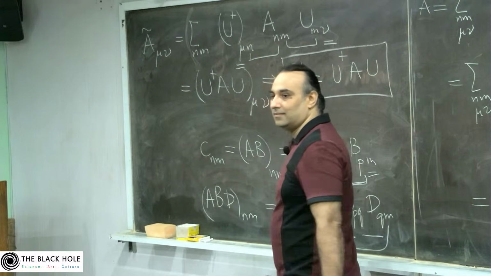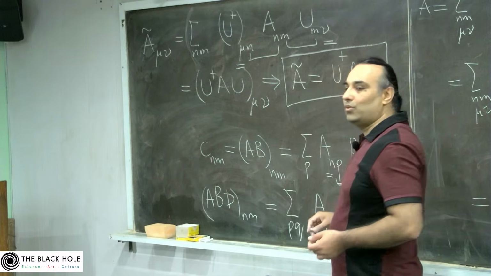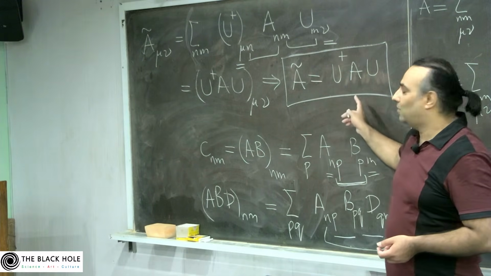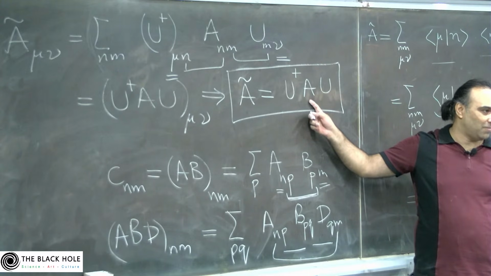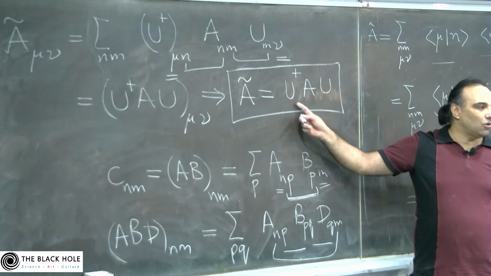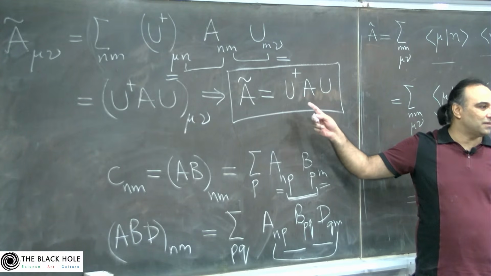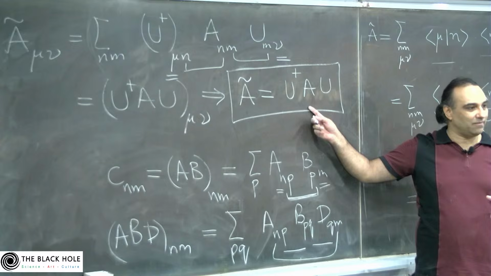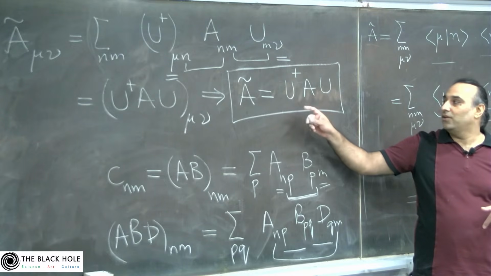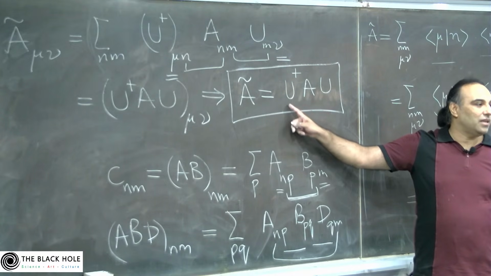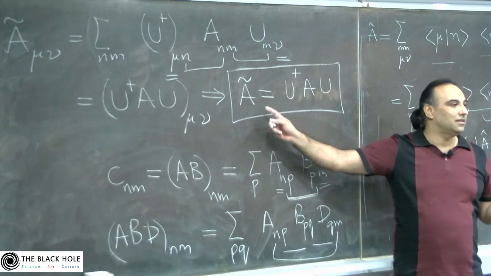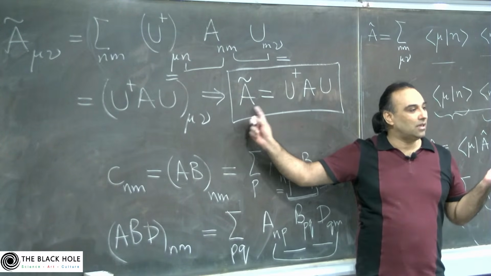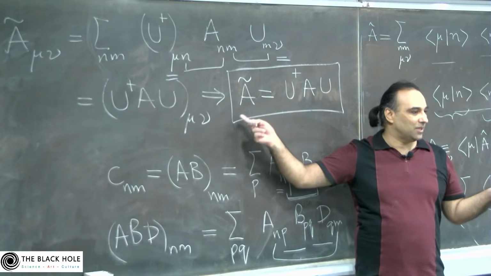Okay, so what this tells us is that if we have an operator in one basis, and if we know some other basis in terms of the same basis that we already have this matrix in, we can do this transformation, this matrix multiplication, and get our operator in the new basis.